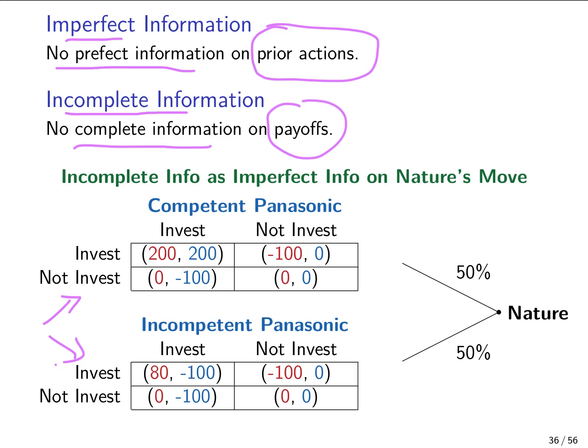One way we could analyze a game with incomplete information is by treating it as if it's imperfect information. We think of nature as another player who makes the move first, and this is not strategic, and it picks whether we're getting this payoff matrix or that payoff matrix.